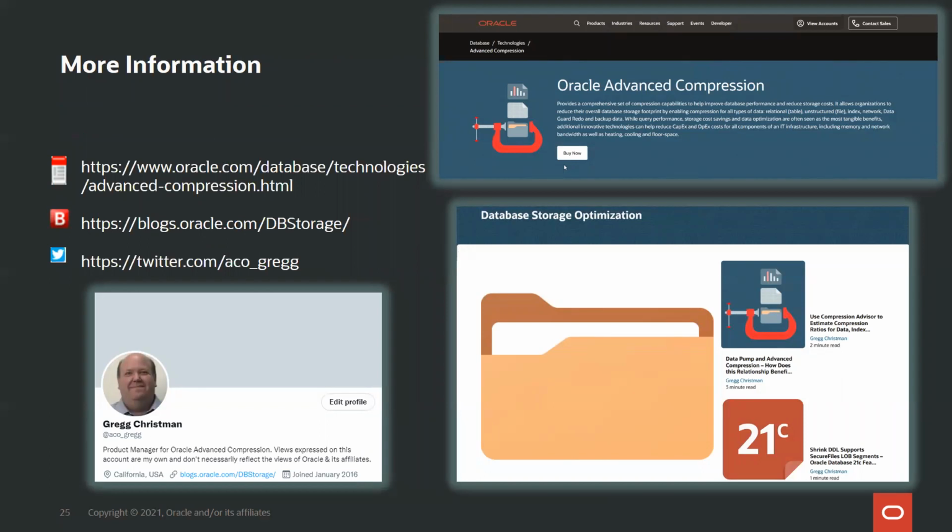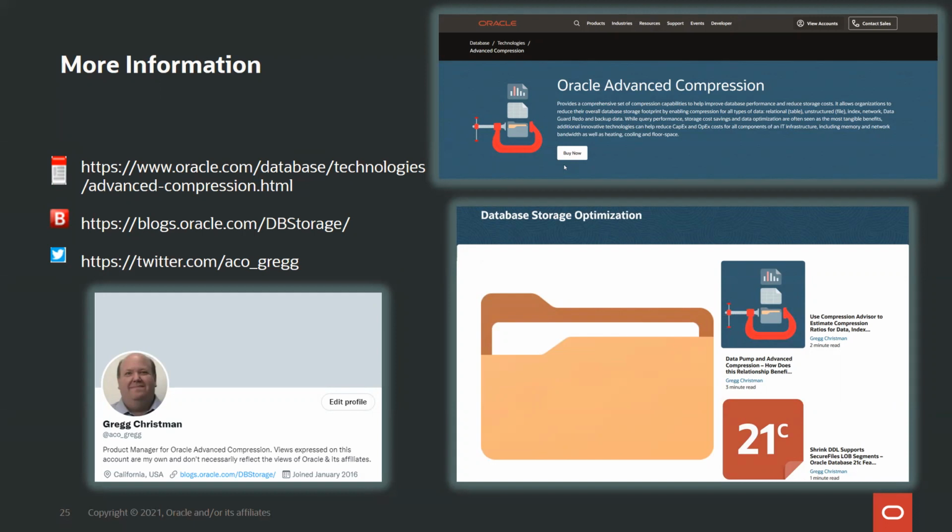For more information about some of the things we talked about today, I highly suggest these three areas. The first one listed there is the actual oracle.com webpage for Advanced Compression. You can go to that webpage, and it will provide all the white papers about Advanced Compression and Hybrid Columnar Compression and ADO.